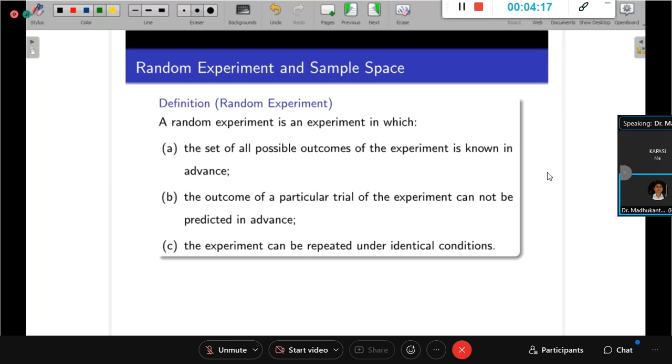Now, last time we defined a random experiment, and I hopefully also gave the definition of sample space.